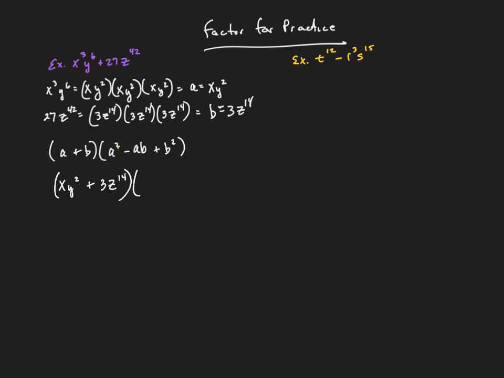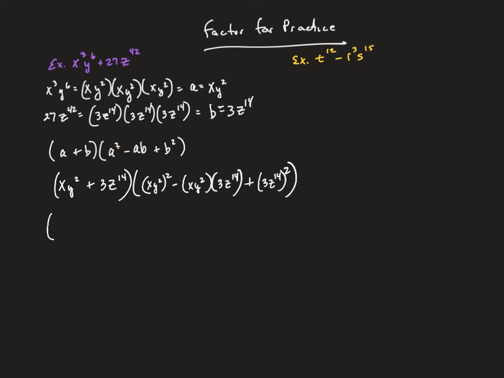We're going to have a, which is going to be xy squared, square it, minus a, which is xy squared, times b, which is 3z to the 14th, plus b squared, which is going to be 3z to the 14th squared.